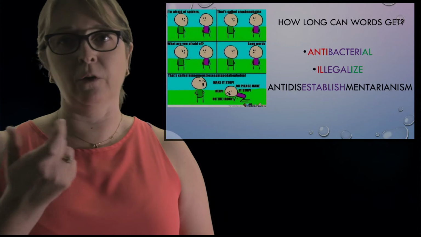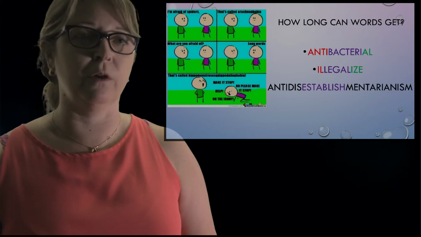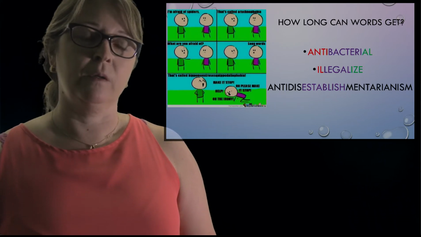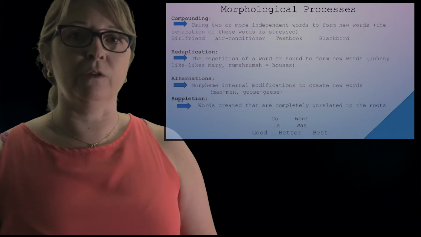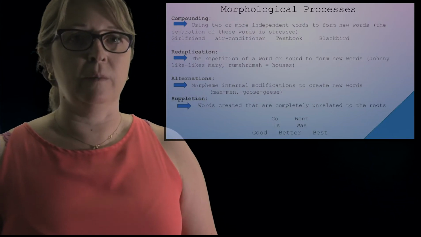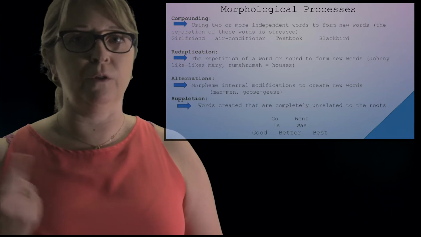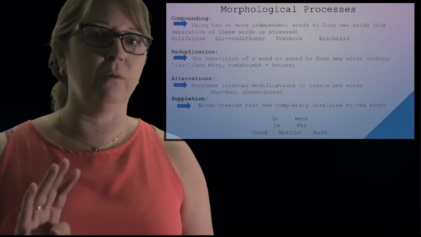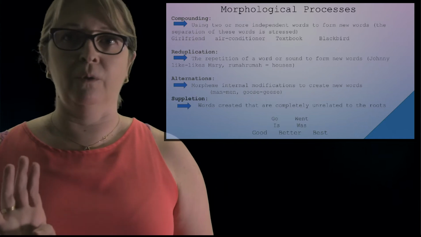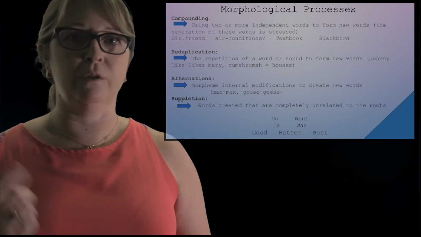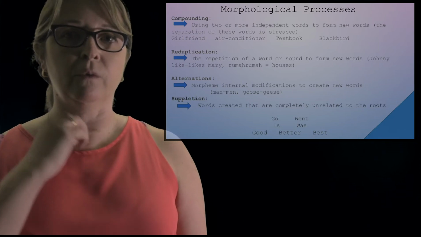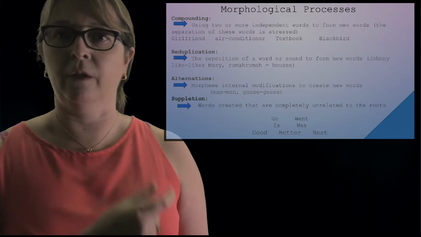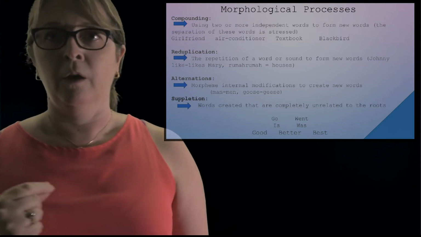Okay, so hopefully that explains a little bit more about morphemes for you. So now we're going to talk about morphological processes. This is really interesting if you're into writing or reading, or if you're learning a new language. It really helps with being able to see what the root of the word is and then move on from there.